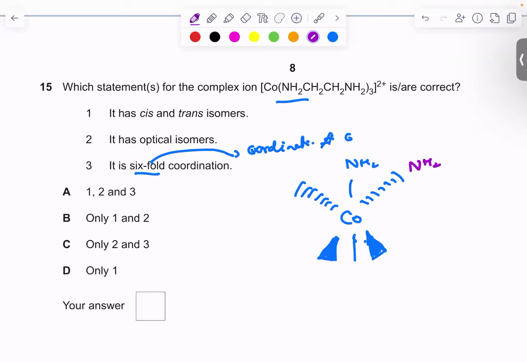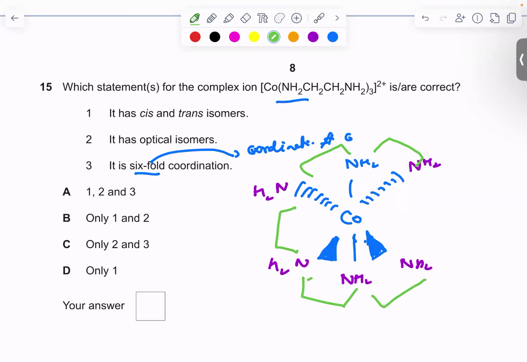So count them. One. Okay, let me first complete it. Let me first write this. NH2, NH2, and NH2. And after that, what I need to do is like this, then like this, then like this, and then like this.